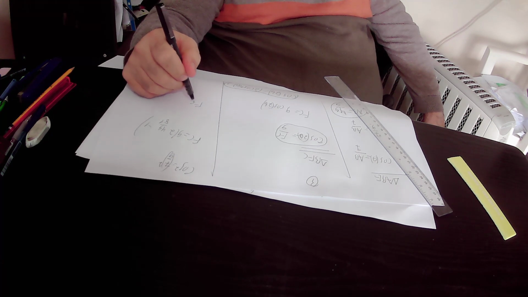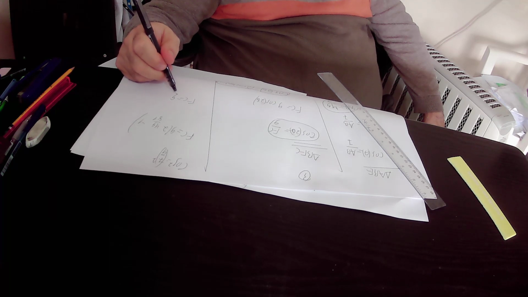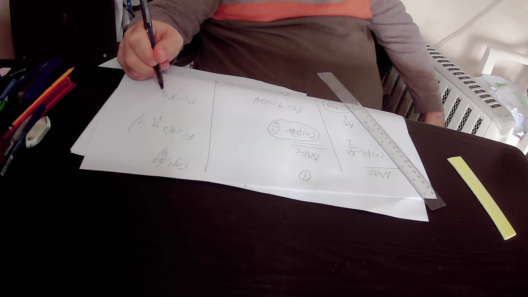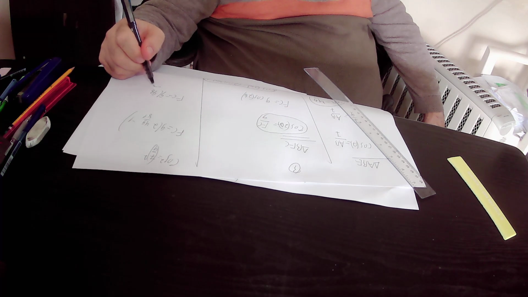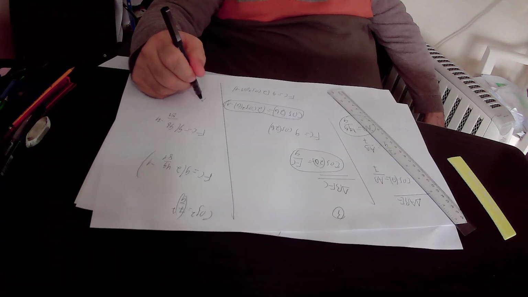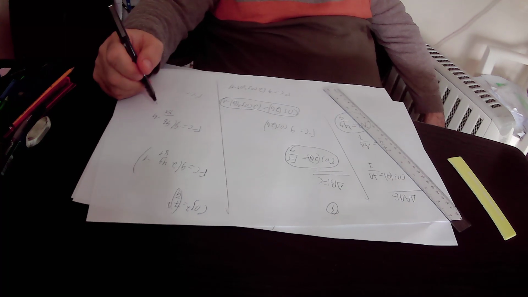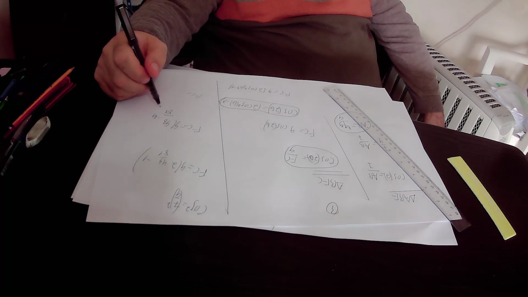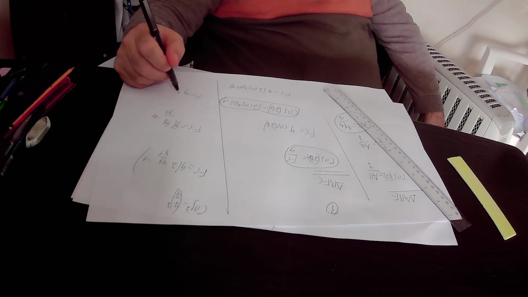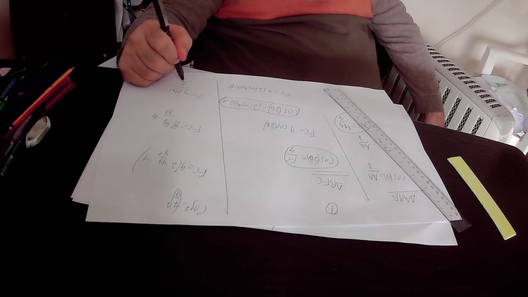So FC equals 9 times, 2 times 49 is 98, minus 81, so 98 minus 81 is 17, over 81.